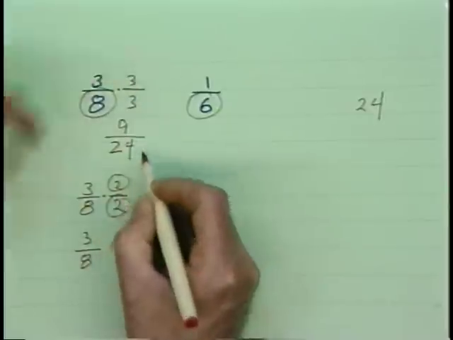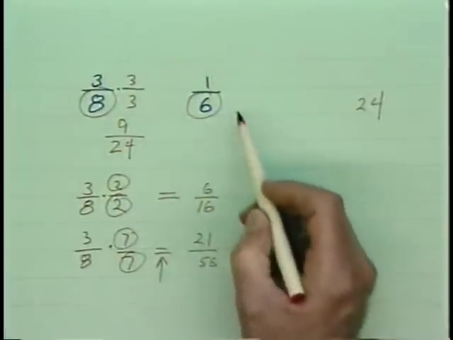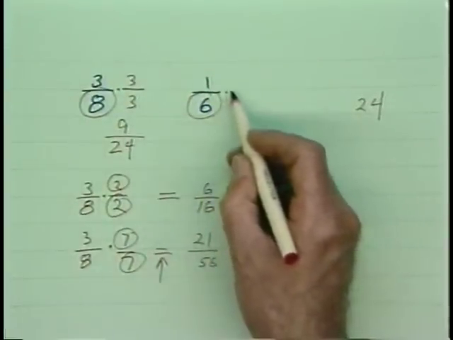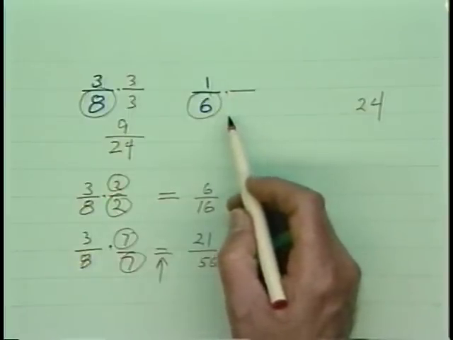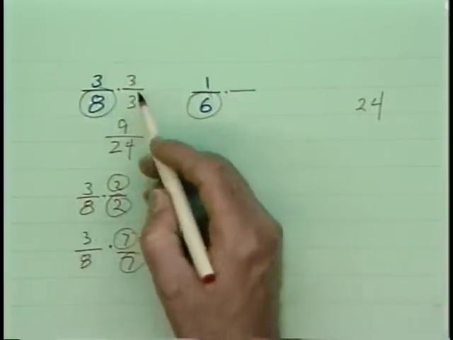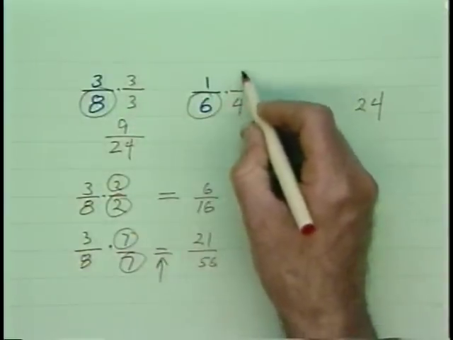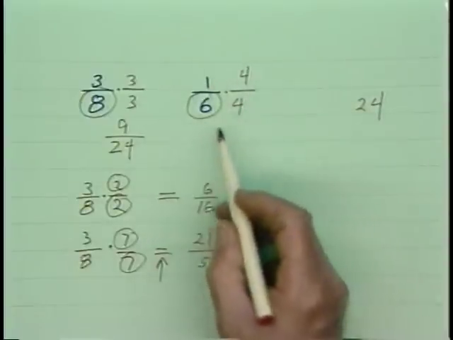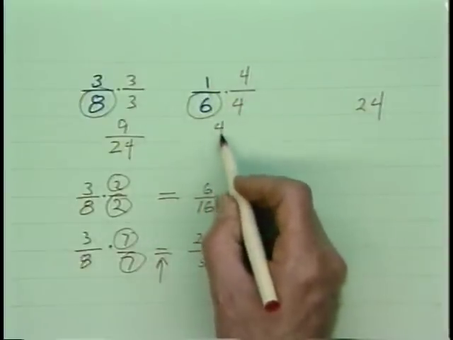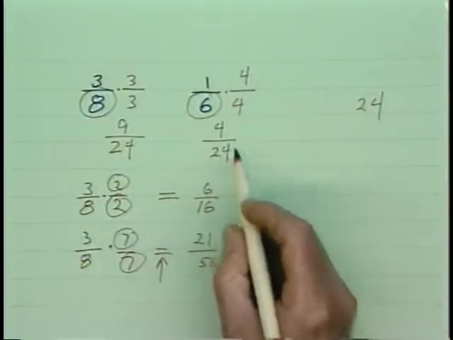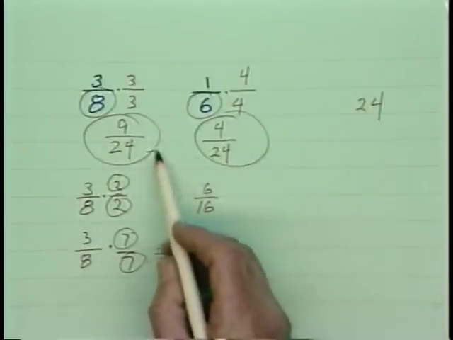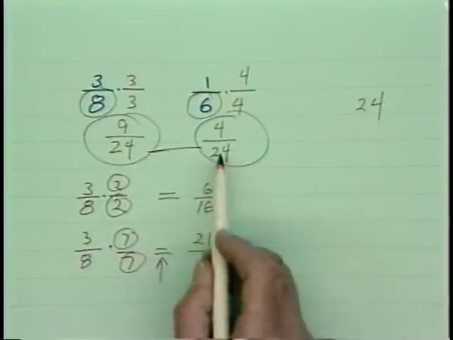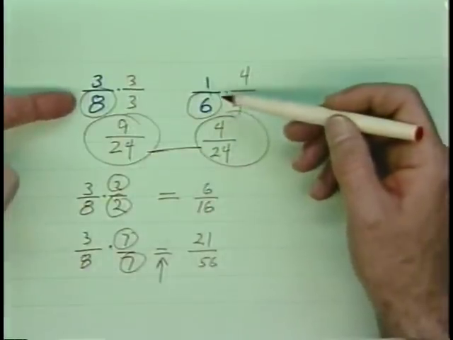But here is another fraction, and I could just as well have multiplied its top and bottom by anything I wish, different from this if I wish. So had I chosen 4, this fraction assumes the form of 4/24ths. So now we have two fractions which indeed have the same denominators, even though they started not having the same denominator.